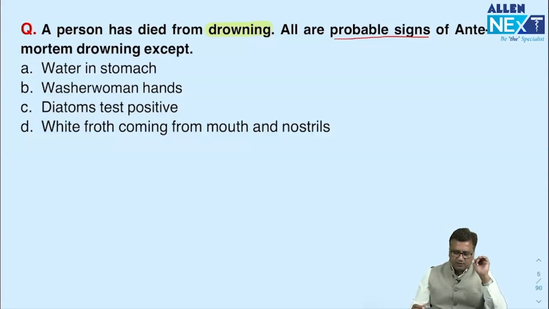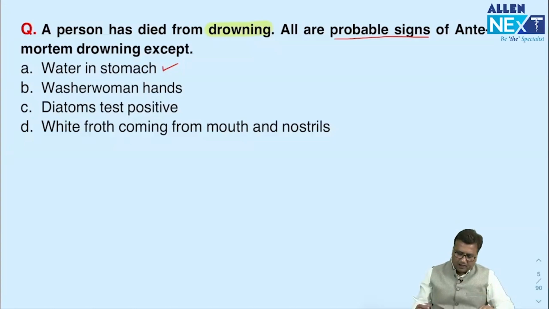So if you look at the option water in stomach, is it possible in cases of antemortem drowning? Yes. Is it possible in cases of postmortem drowning? It may be possible, but largely if it is highly filled with water, it goes in favor of an antemortem drowning. Okay, so this is a probable sign.